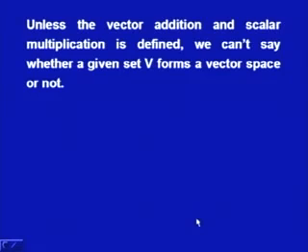Now we say that unless the vector addition and scalar multiplication is defined, we can't say whether a given set V forms a vector space or not. That means to define a vector space, we have to have a set V of vectors and two operations, the vector addition and scalar multiplication.